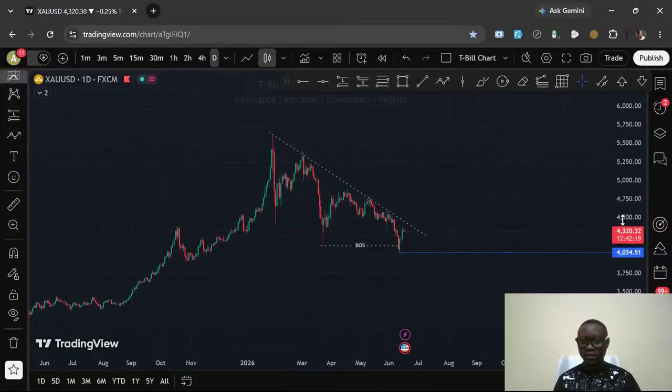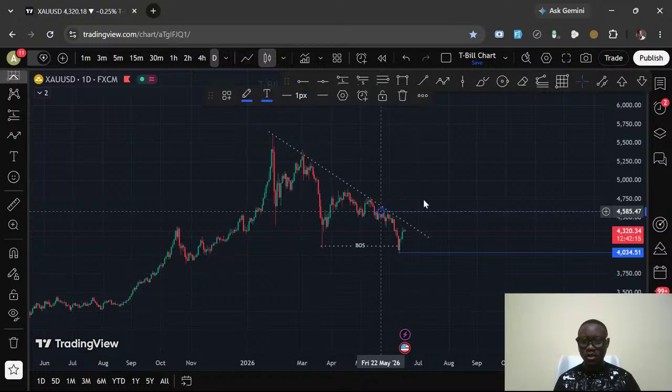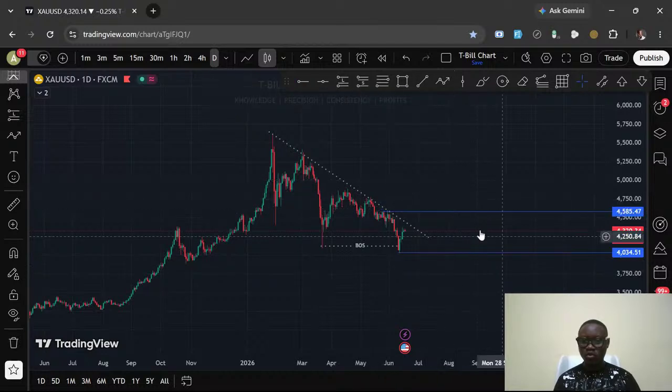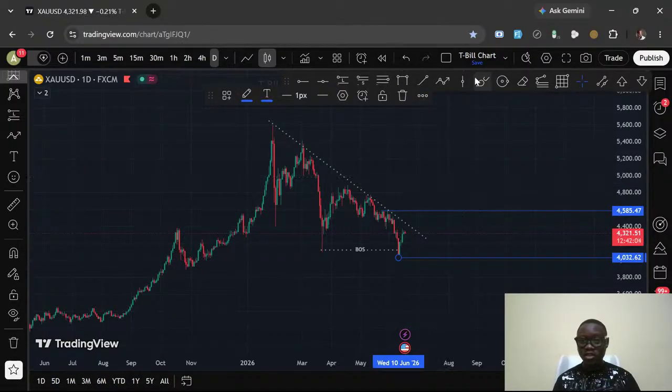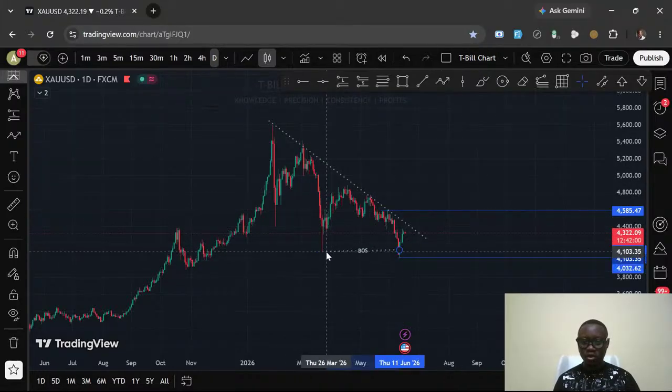For the buy side liquidity, we have it right here. We are expecting price to go all the way up here and sweep this liquidity, or come all the way down here and take out this sell side liquidity. So yes, we have this break of structure to the downside.